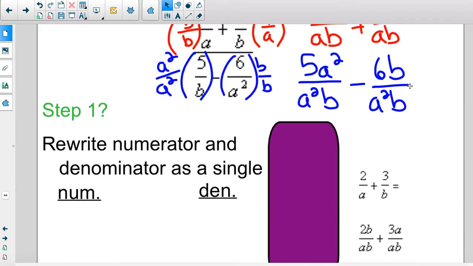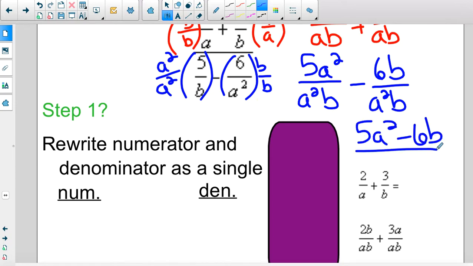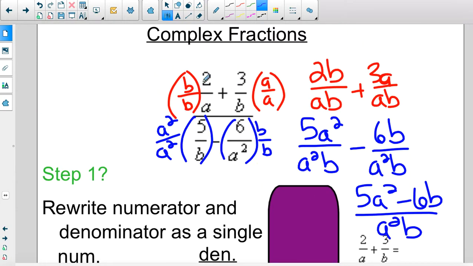The denominator, if we combine these things, we will get 5a squared minus 6b over a squared b. So what did I do? Basically, I took the two parts of the numerator and the two parts of the denominator and combined each into one part.